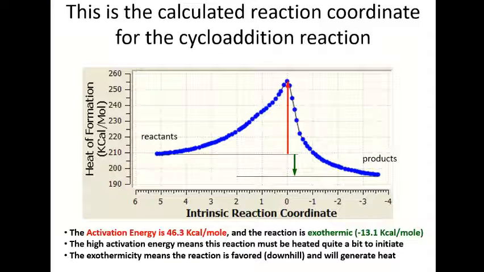Here is the calculated reaction coordinate for the cycloaddition reaction. As you can see over here, the activation energy is 46.3 kilocalories per mole, and the reaction is exothermic, as you can see from the difference in energy or heat from the reactant and the product.